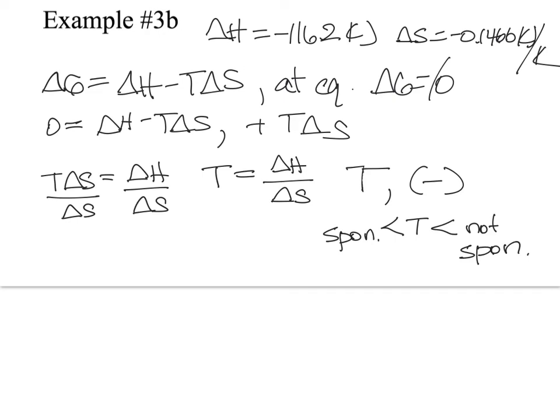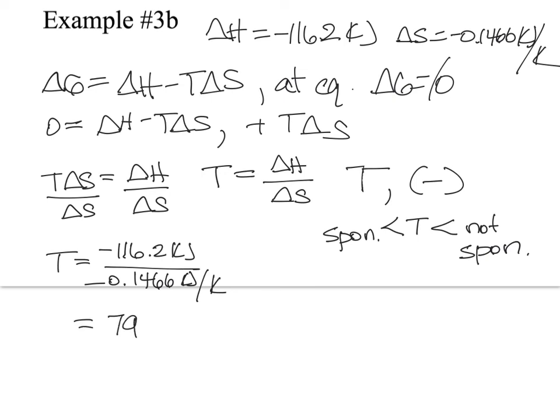All right, so let's plug and chug now in this formula. T is equal to delta H, negative 116.2 kilojoules, divided by negative 0.1466 kilojoules per Kelvin. When I do that math, I get 792 Kelvin.